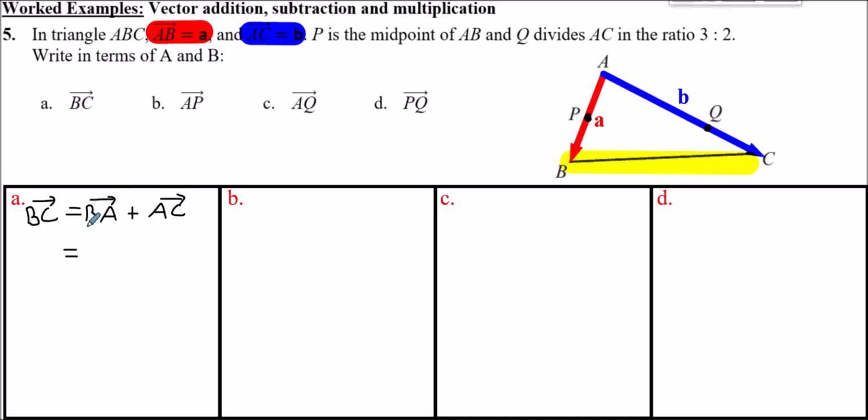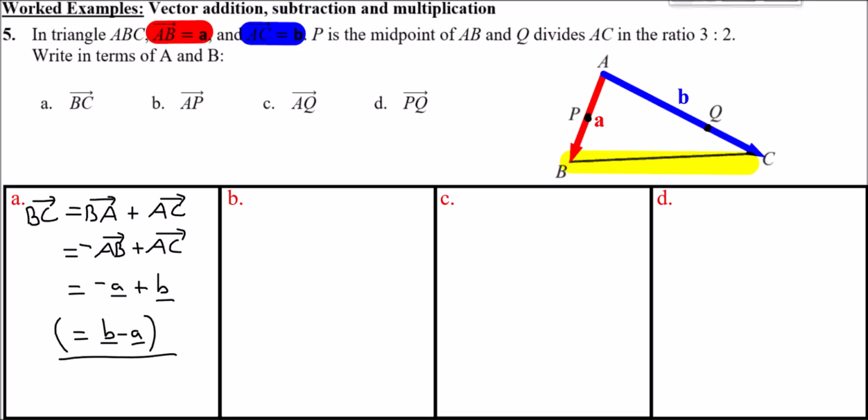But from B to A, that's opposite in direction from A to B. So it's the same as minus AB, then from A to C. Now AB is A, so minus AB is minus vector A. Then from A to C is vector B. So from B to C is minus A plus B, which can be written as B minus A.